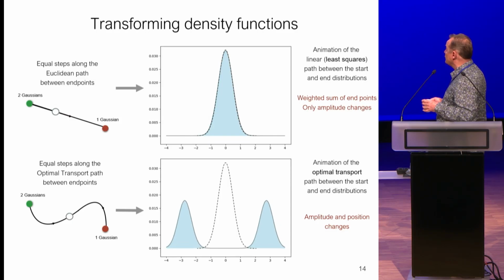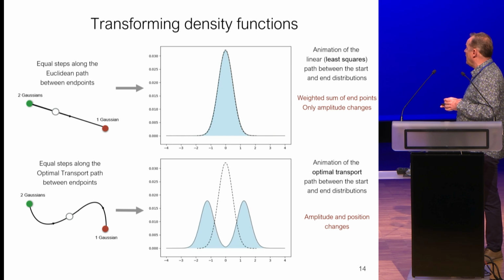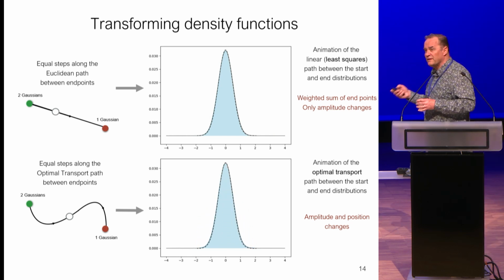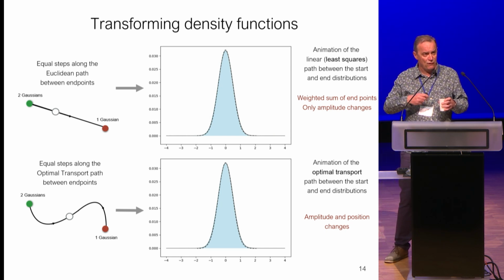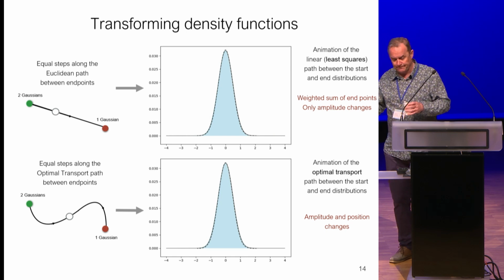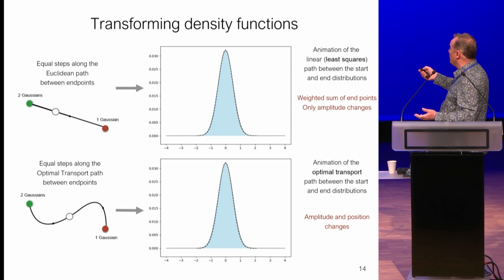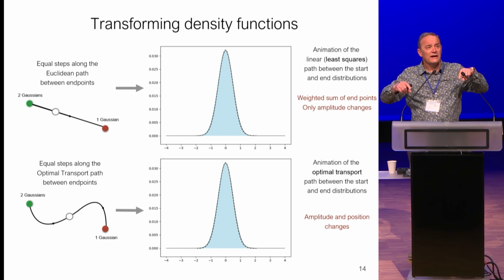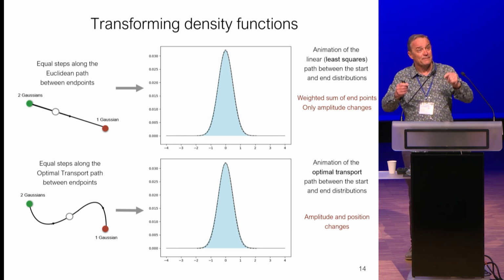And below is the optimal transport path between the two. And I never get tired of watching that. What you see is both start off in the same place, both end up in the same place. They take a different path and therefore have a different measure of distance. But the key point is that whereas in the top case, with the Euclidean norm, all we're doing is using the x-axis here to identify where we compare amplitudes.